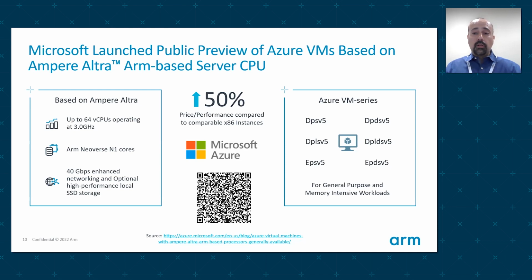All of these support the major Linux OSs, including Canonical's Ubuntu, CentOS, RHEL, SUSE, Debian. So you now can see that there's a wide variety of operating systems that you can land on these instance types.